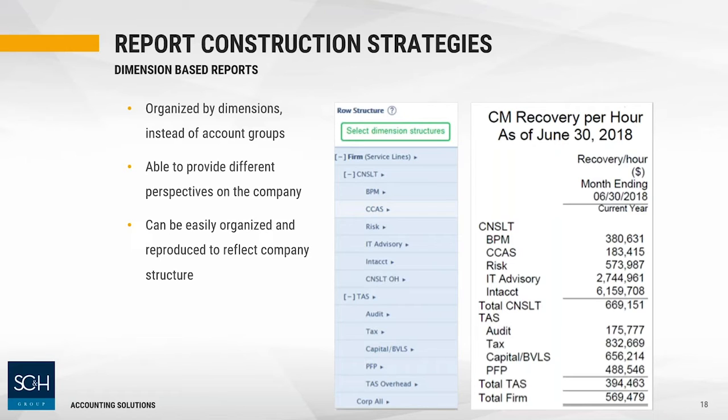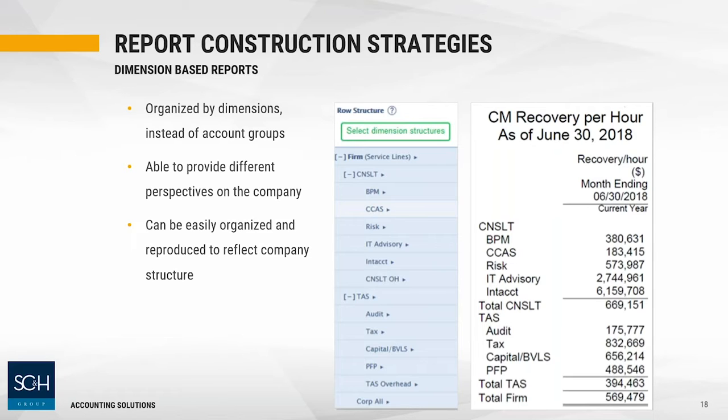And then finally, one of the advantages of using dimension-based reports is that you are able to edit the dimensions very easily and have any edits flow through onto the reports that you use these structures on. As I mentioned earlier, when you're using the filtered account groups, you do have to duplicate them for each dimension you'd like to represent.